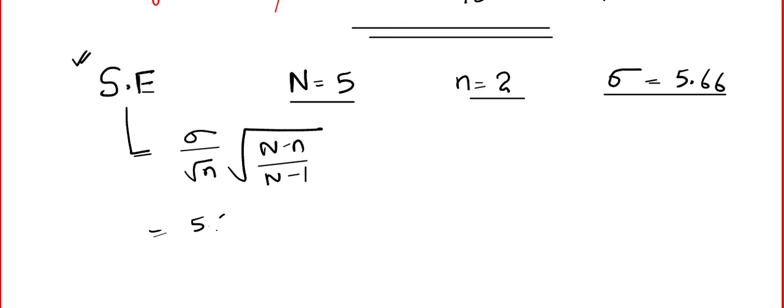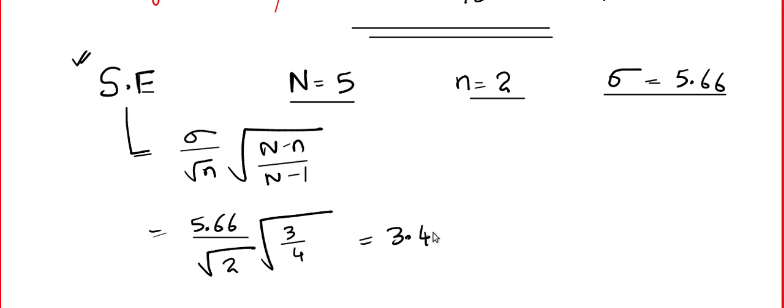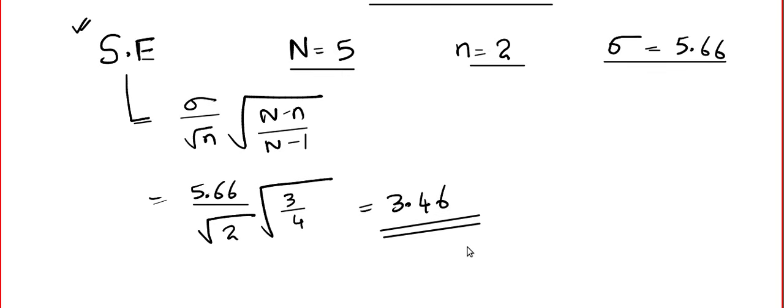That will be 5.66 divided by root under 2, into root under 3 by 4, and that gives me 3.46. So you can find the standard error like this. Anyway, even though it's not asked in the question, I want to discuss one more thing so that it will be beneficial for your exam.